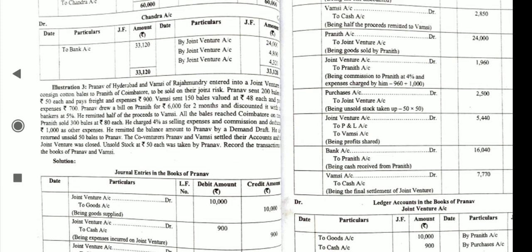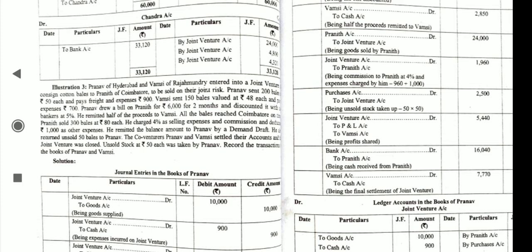A joint venture is a temporary partnership, and therefore the relationship comes to an end as soon as the venture is completed. But the relation between the consignor and the consignee may continue over a long period. So the differences between joint venture and consignment, and joint venture and partnership, were explained.